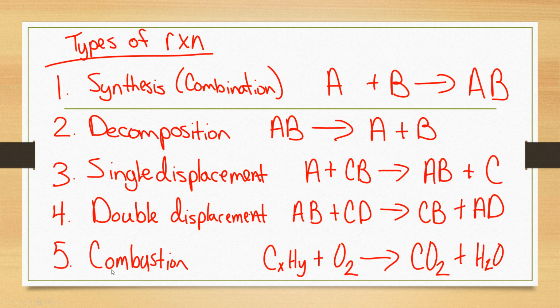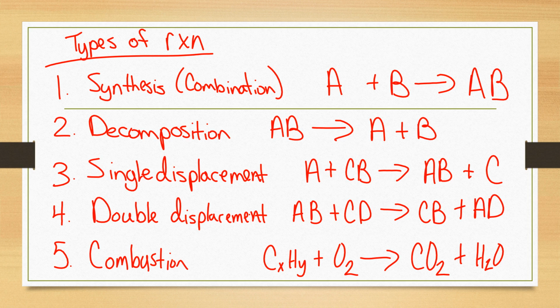So the types of reactions that we covered today, and even though I said there's four main types, there's the fifth subtype, which is combustion. So we have synthesis, which can also be called combination. Its generic format is A plus B reacts to form AB.